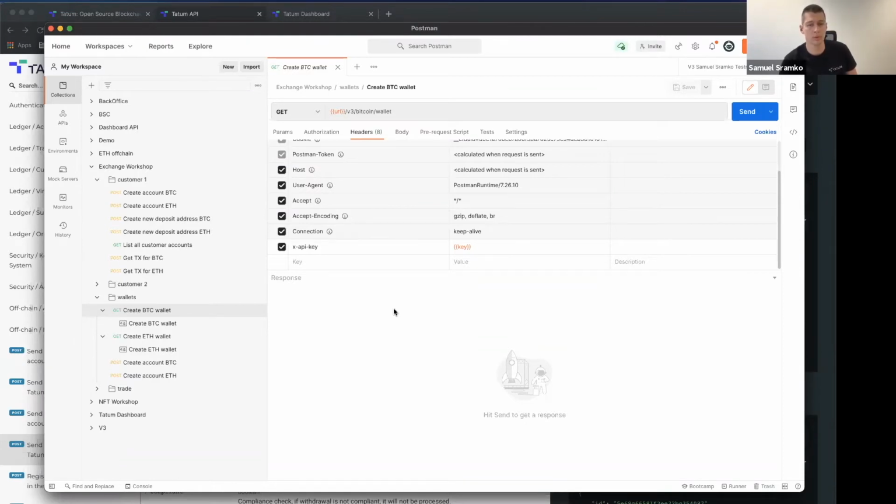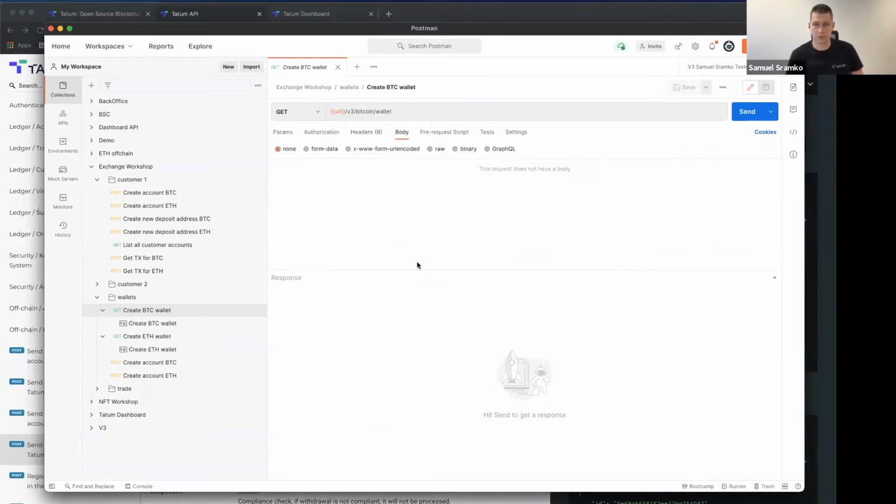So you have to create a wallet for every cryptocurrency you want to support inside your exchange, and you very easily create a wallet using our API. For the purpose of this session, we are going to create wallets for Bitcoin and for Ethereum. We will launch accounts for Bitcoin and Ethereum and perform trades for Bitcoin and Ethereum currency.